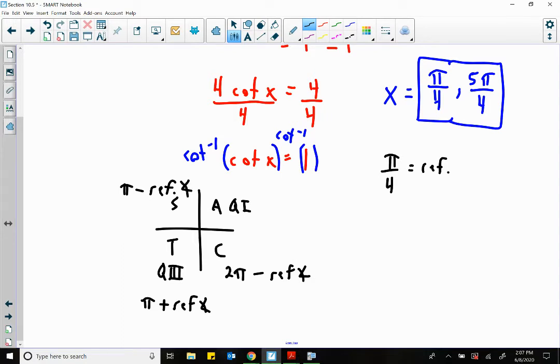That's another way you can find the other angle based off of what you know. Cotangent is positive in quadrant 1 and quadrant 3. This is the reference angle, and to find the other angle, all I have to do is take pi plus the reference angle to get the second angle.